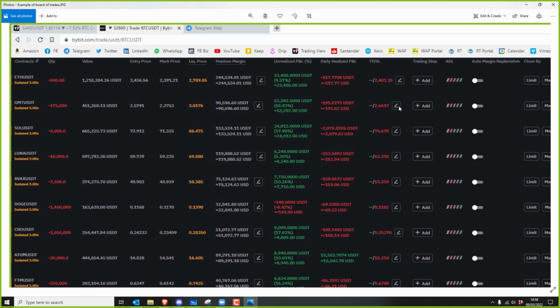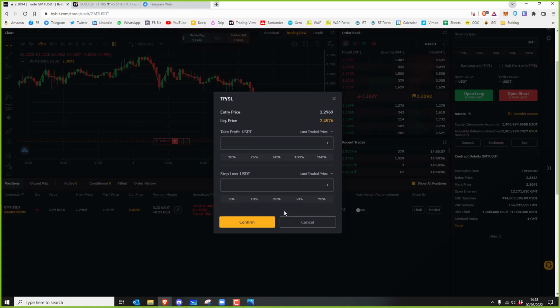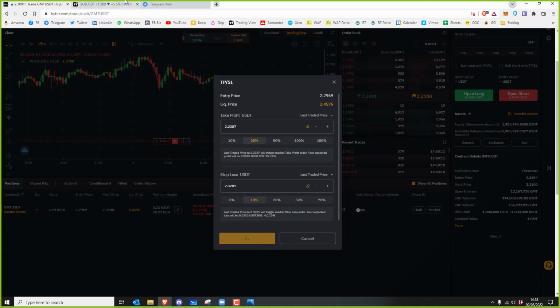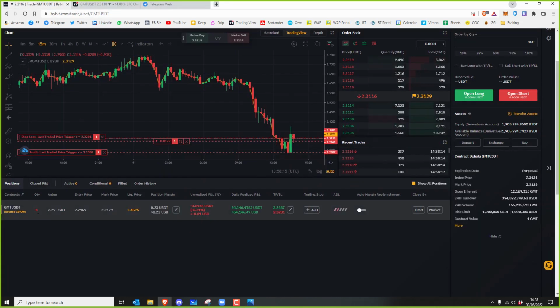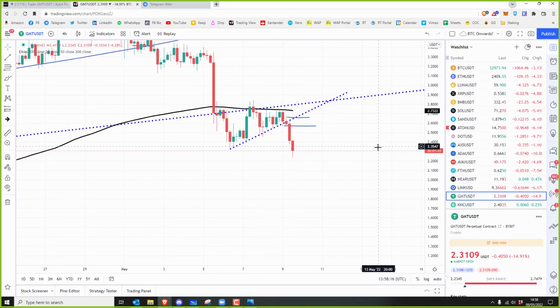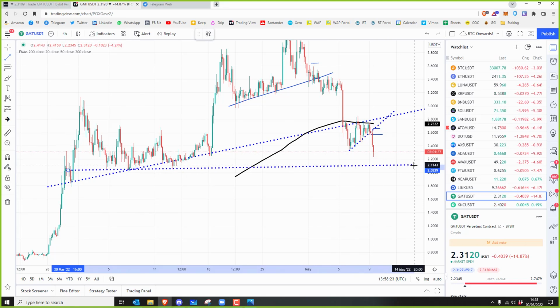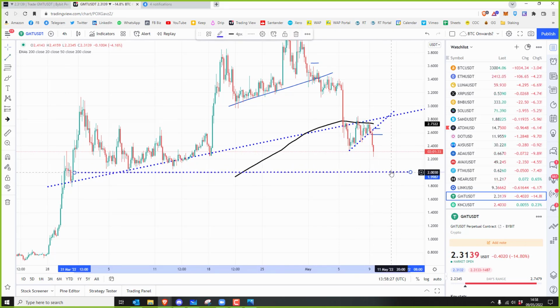But yeah, so that's that. The TP/SL is basically your stop loss or take profit. So in here you can add in a stop loss and also a take profit. For example, if you go back to GMT, we're short. Are we shorting that now? Yes, we are. So if I wanted to have a take profit down here, I could say, right, I think support is around here or on that $2 level, so I want to take profit at $2.05.